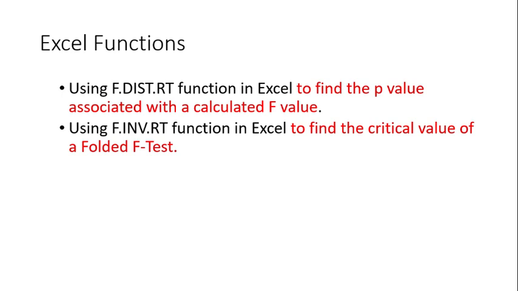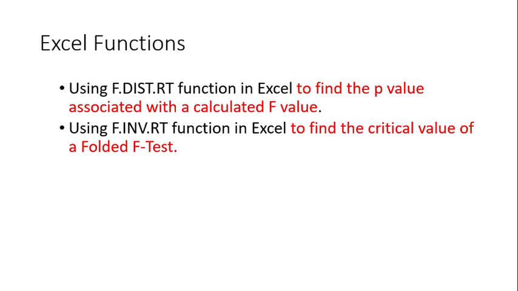What we are going to learn today is to use an Excel function to find the p-value, the probability associated with a calculated F-value. And we can also do it in reverse.